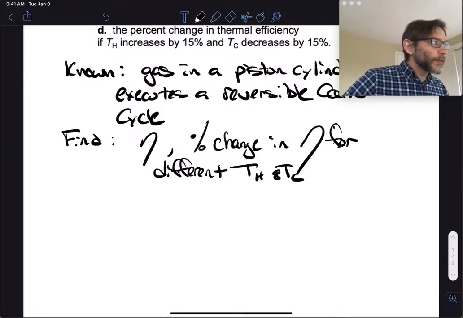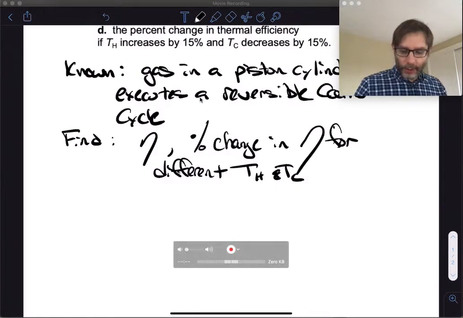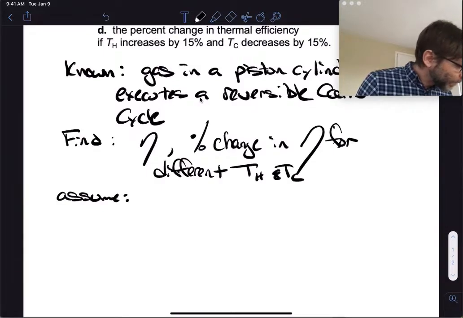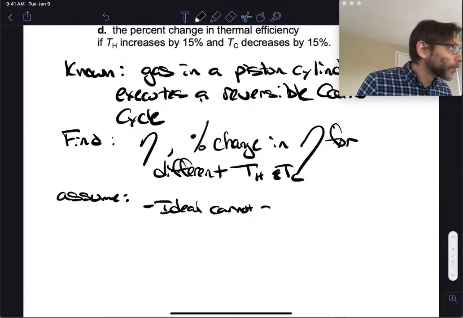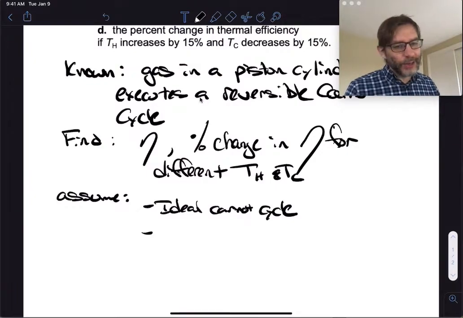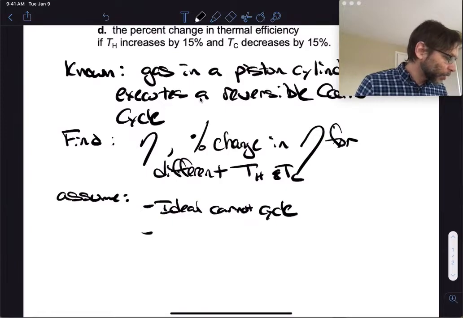I think the first thing is that we have to assume that we have a Carnot cycle. So I'm going to assume an ideal Carnot cycle. We don't necessarily need to assume an ideal gas because it's an ideal Carnot cycle. We could say ideal gas, but it doesn't really mean much.